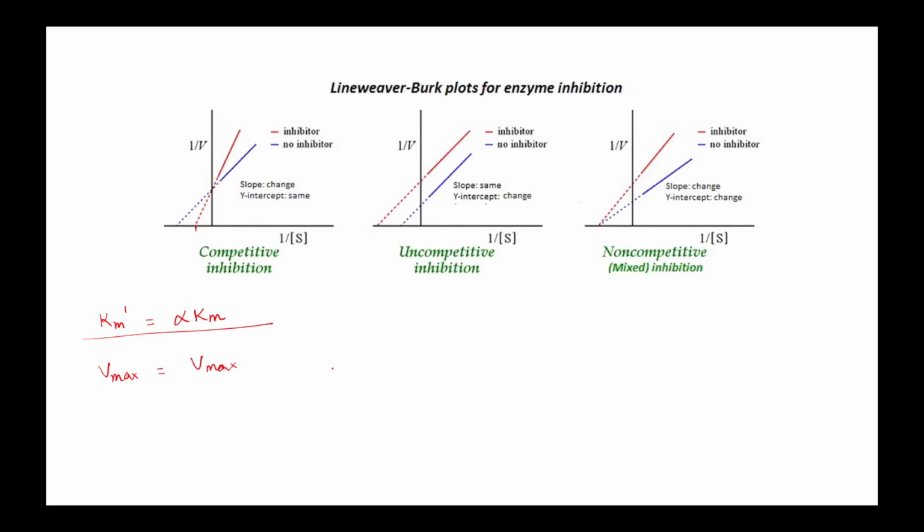In the uncompetitive case, both Km and Vmax are decreased by alpha.